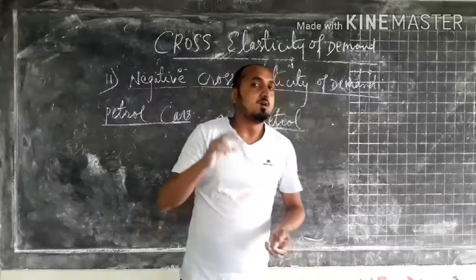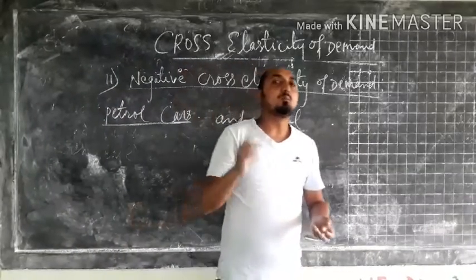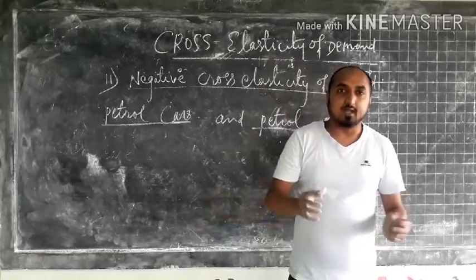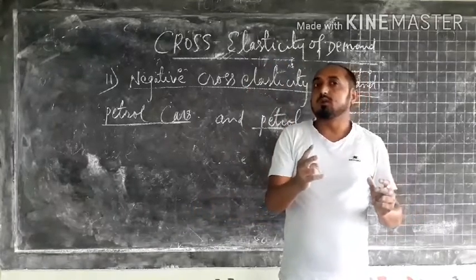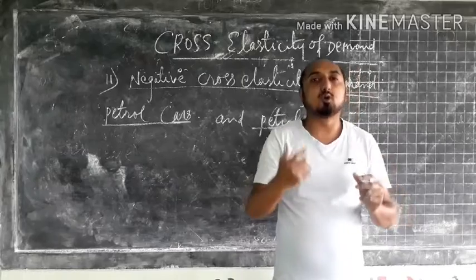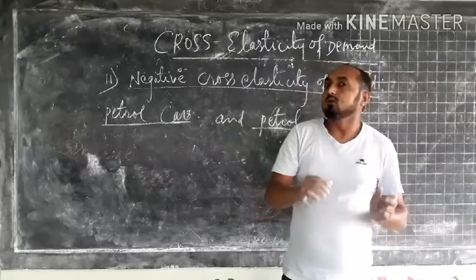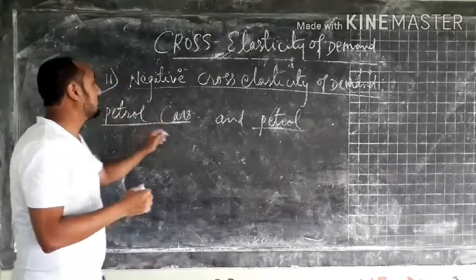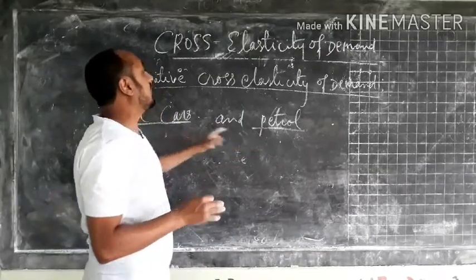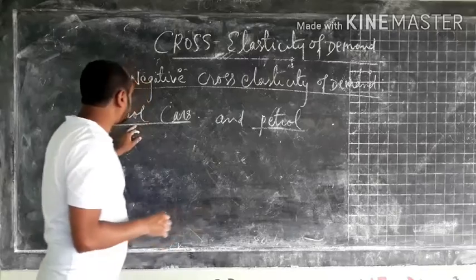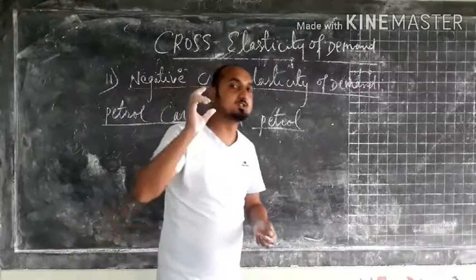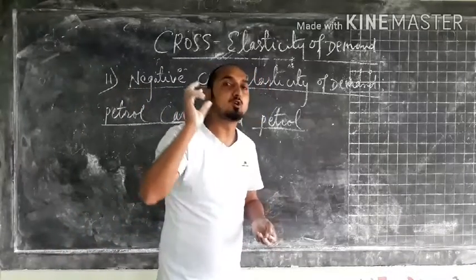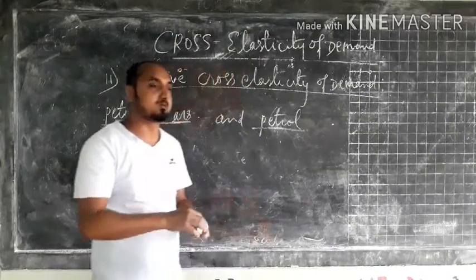We know the definition of complementary goods: they are those goods in which both the commodities are consumed jointly or together. Without petrol, we cannot run petrol cars. So both commodities, petrol cars and petrol, we have to use together. That is the definition of complementary goods.